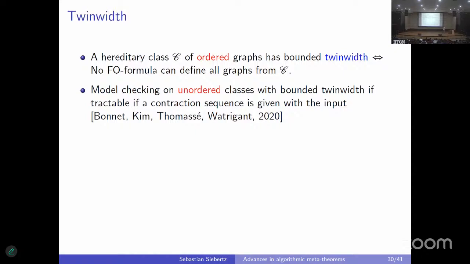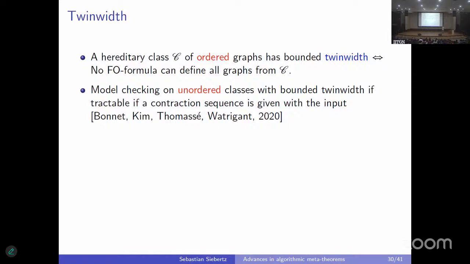It turns out that also from the logical perspective, twin-width is something very special. We have that a hereditary graph class has bounded twin-width if and only if, when you additionally add a linear order to your graphs, first-order logic cannot define all graphs from it.